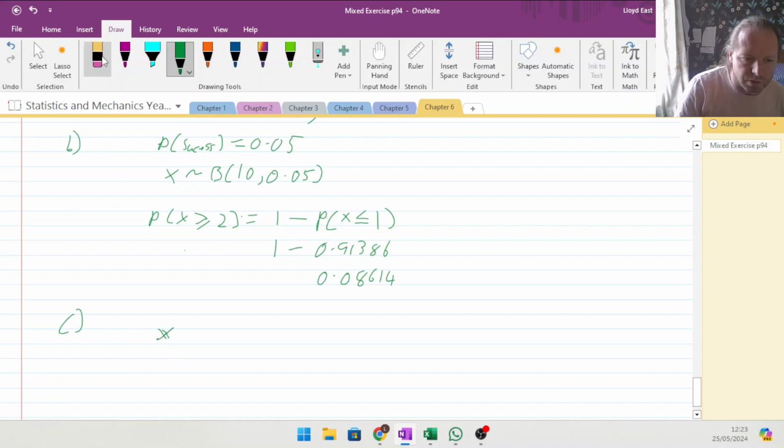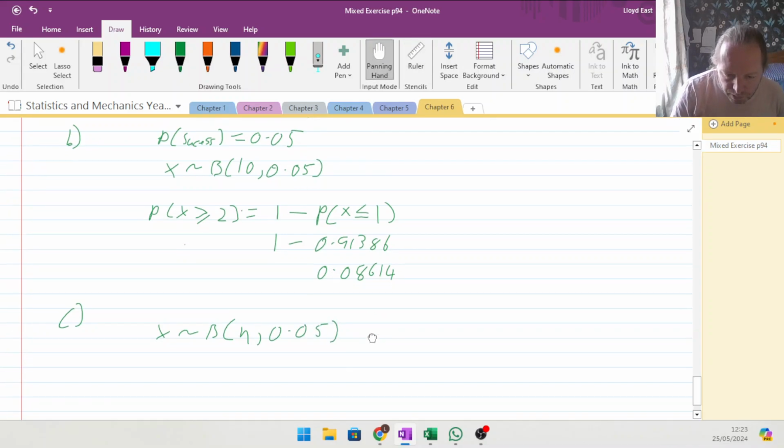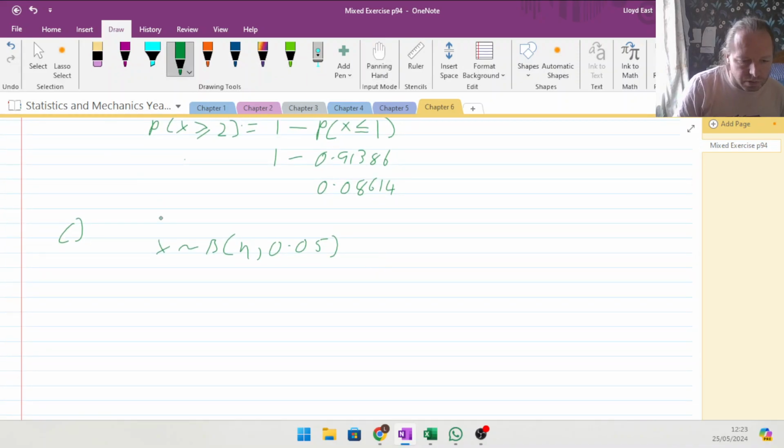Should probably use a different letter to X, but anyway. And the binomial now is, we don't know how many he's going to do, but we still know that the probability is 0.05. And we are looking for the probability that he has at least one success.